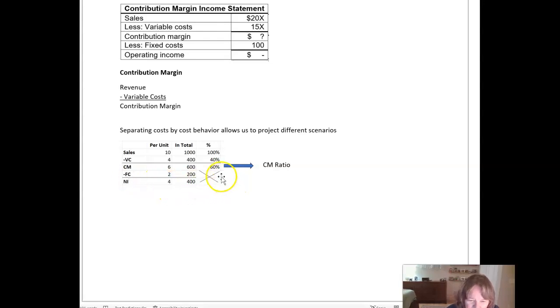The reason is that this relationship, if sales are 100% and variable cost is 40%, no matter how many units you're going to sell, that's still going to be 40%. And the contribution margin ratio is going to be 60%.